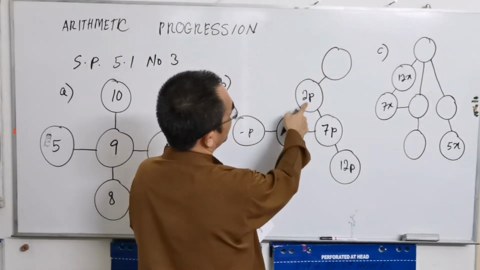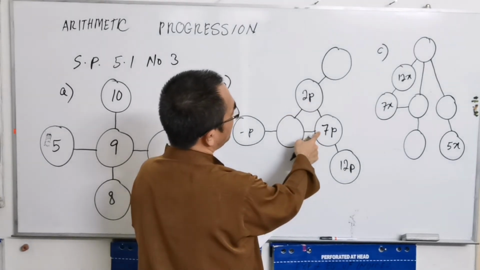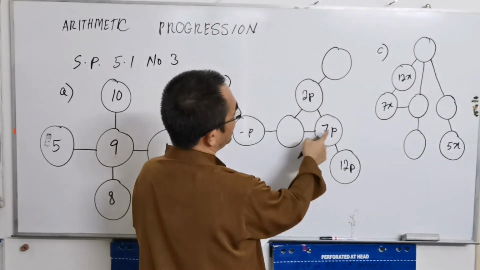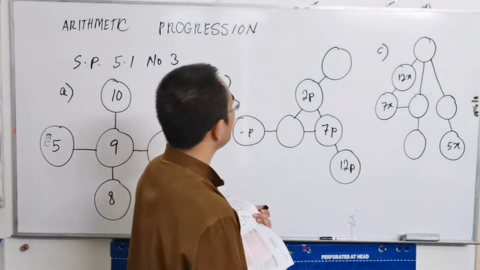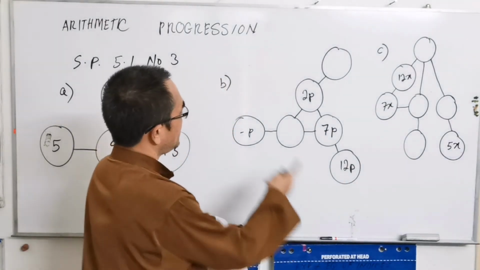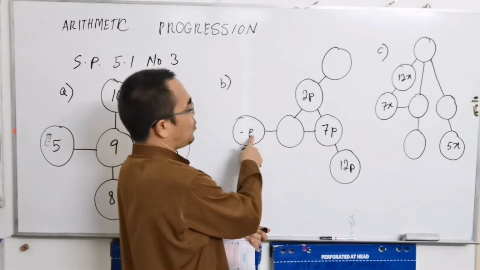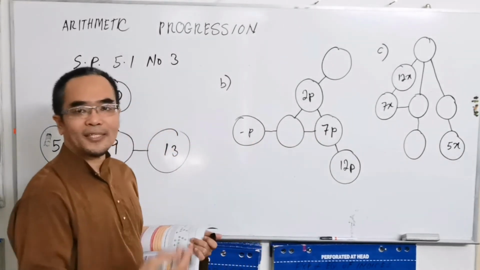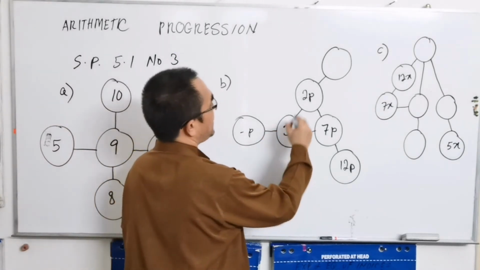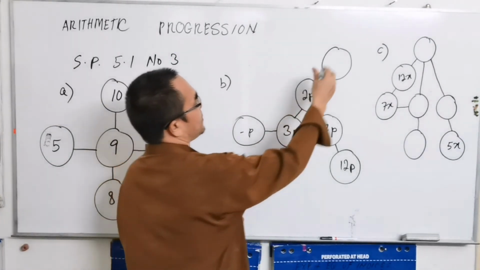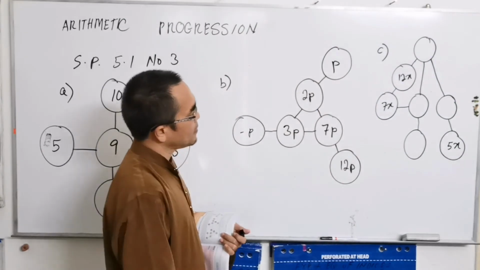Then 2p plus 5p will be 7p. 7p plus 5p will be 12p. And then here we have negative 1 plus 7, you get 6. 6 divided by 2, you get 3. So 3p, 2p, 1p.